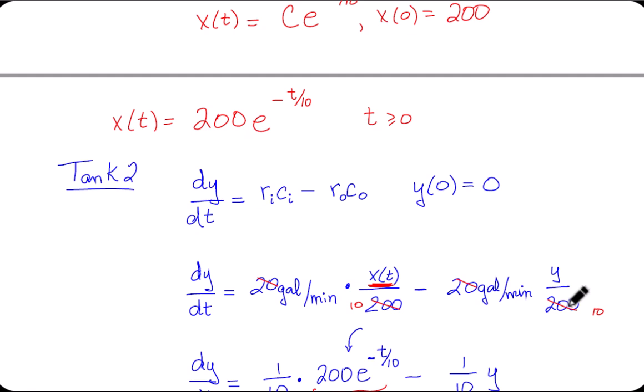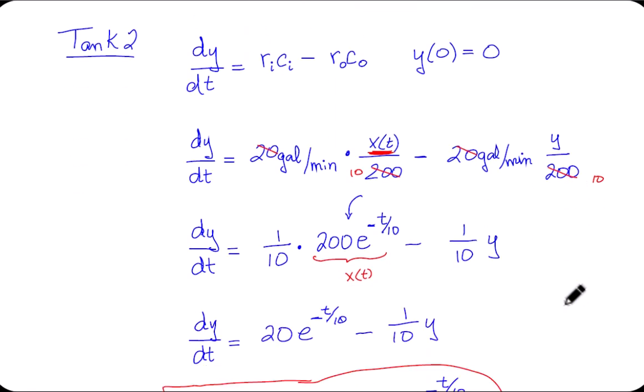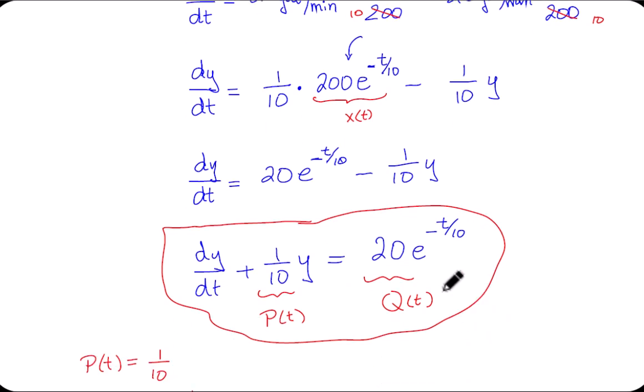Again, the volume in tank 2 is staying the same because 20 gallons in, 20 gallons out. Cleaning things up, 20 into 200, 10 times x of t is this number, minus 1/10 y.